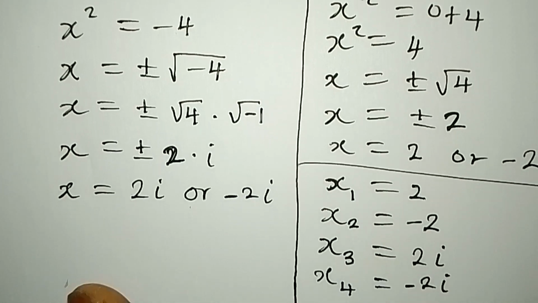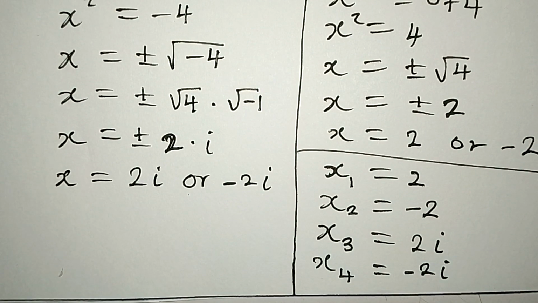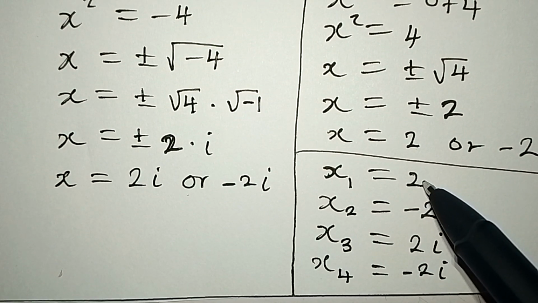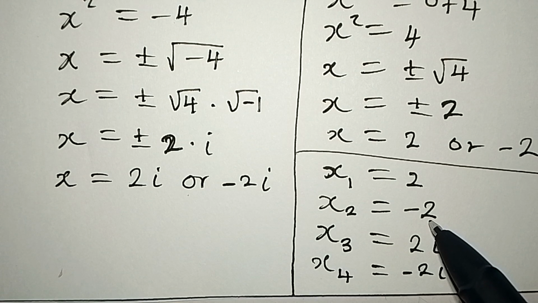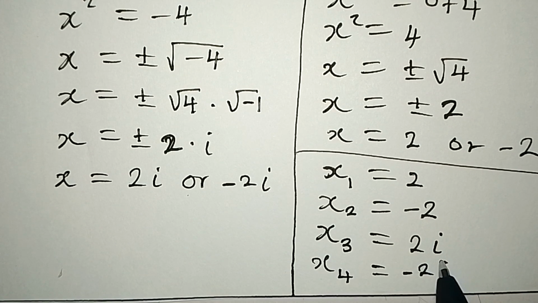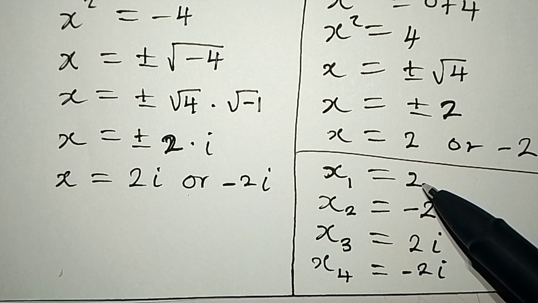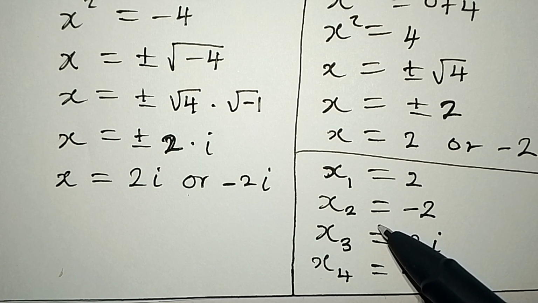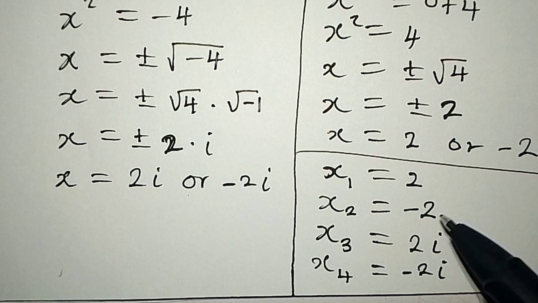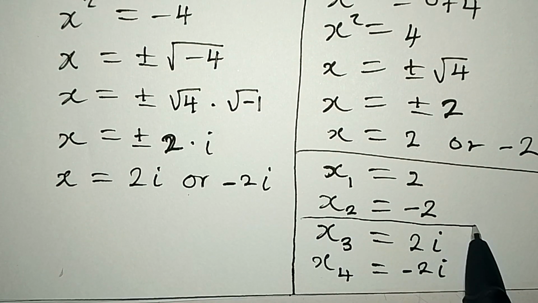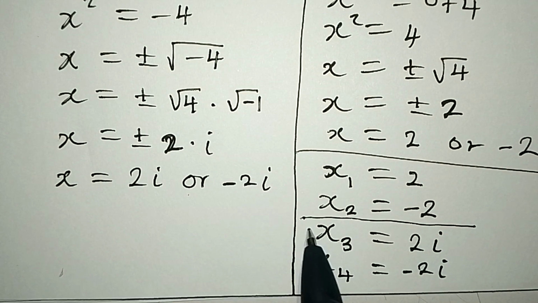But now we are having 4 of them: x equal to 2, x equal to -2, x equal to 2i, and x equal to -2i. But trust me, we only have two real solutions here, which are x1, equal to 2, and x2, equal to -2. The other two are complex solutions because we had to find the square root of a negative number.